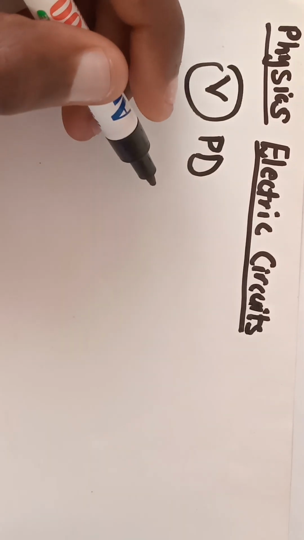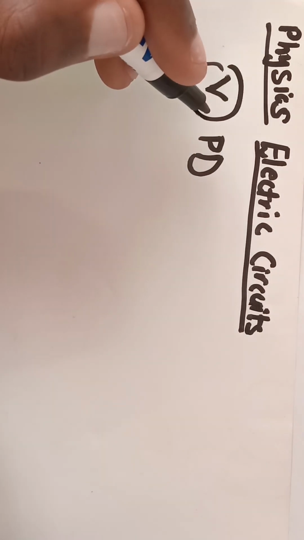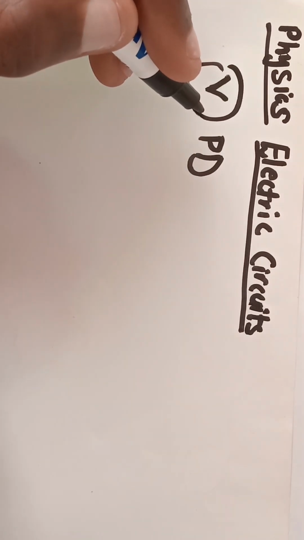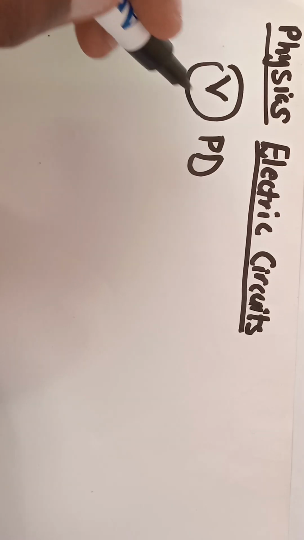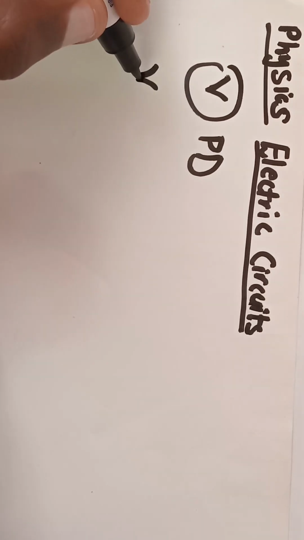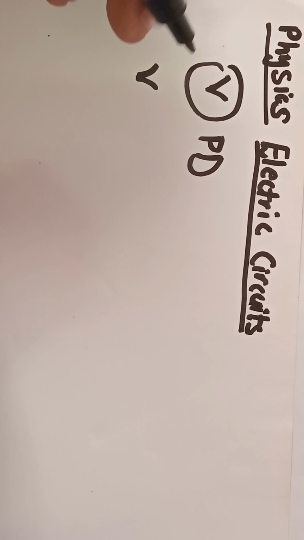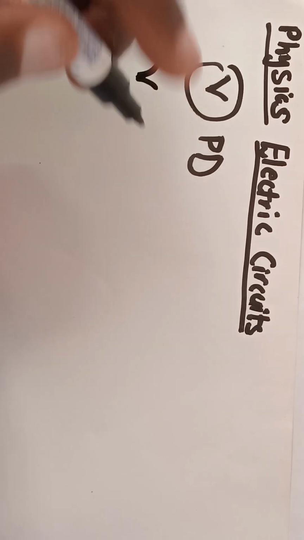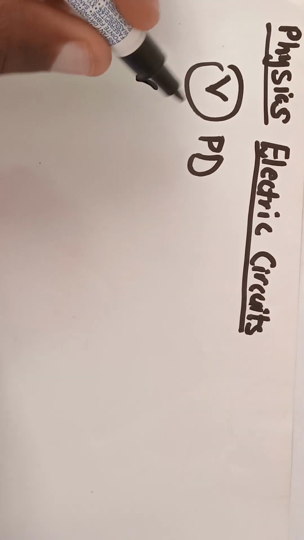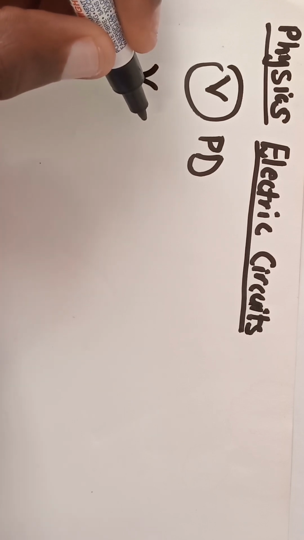So if this represents the potential difference, when we discuss the theory for Ohm's law, it simply says that the potential difference, the variable V, the one that represents potential difference, is directly proportional to the current in the conductor.